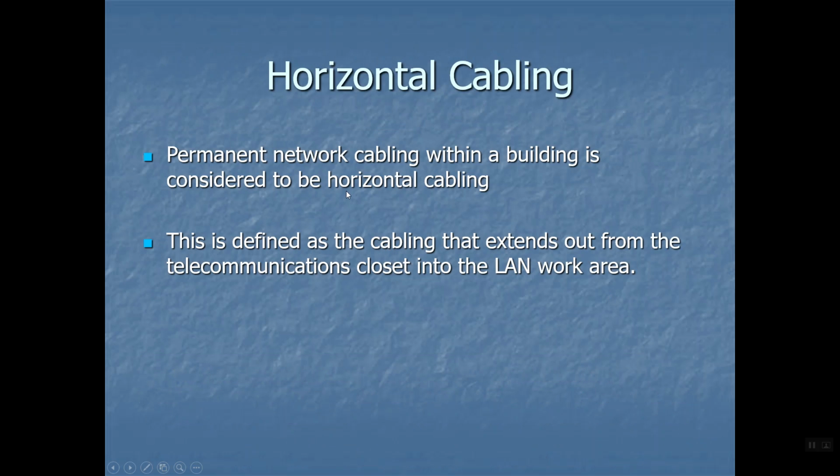Horizontal cabling is the permanent network cabling within the building. You don't want to mess around with this. You want to plan ahead of time and make sure that you have enough bandwidth for the long term.